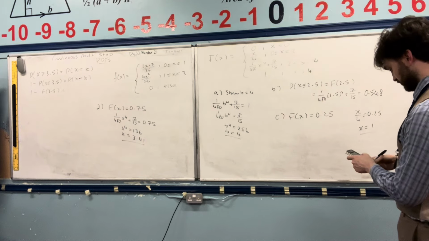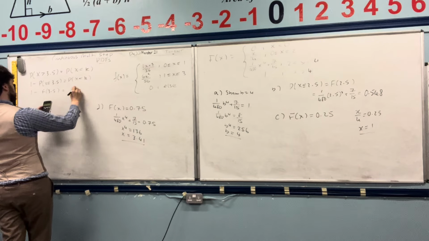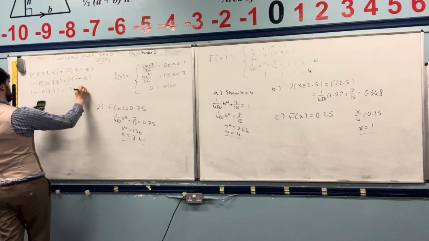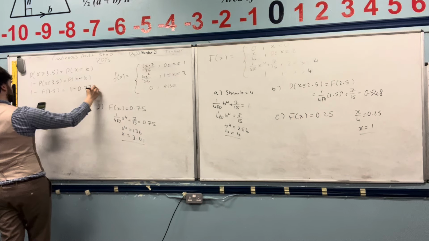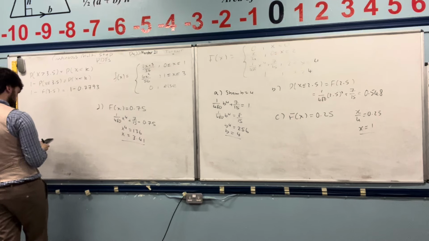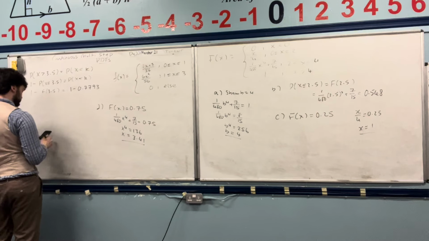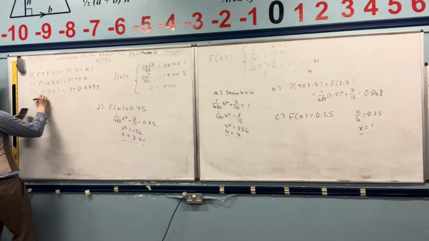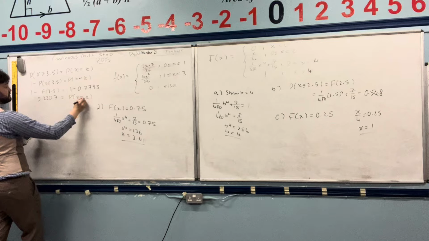So I get 0.7793, so 1 minus answer. Okay, so I get that 0.2207 equals the probability of x less than k, and the trick here is that this is the same as that.